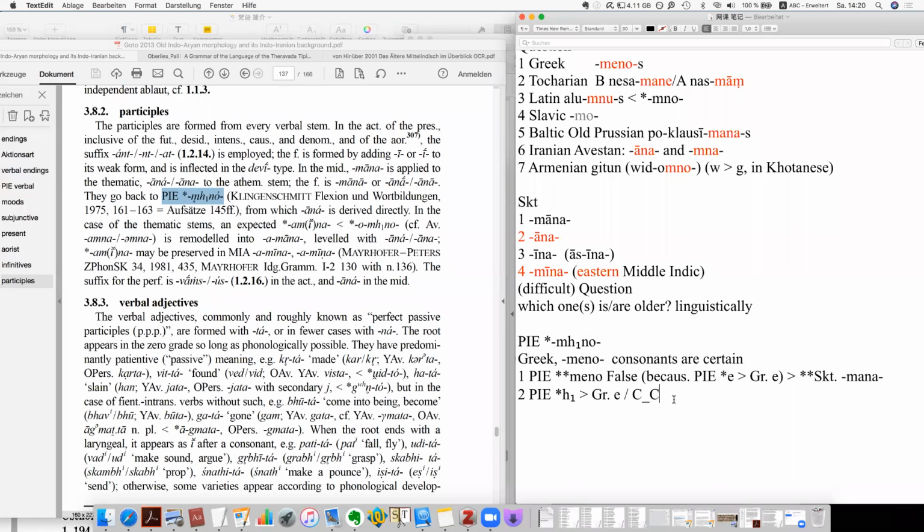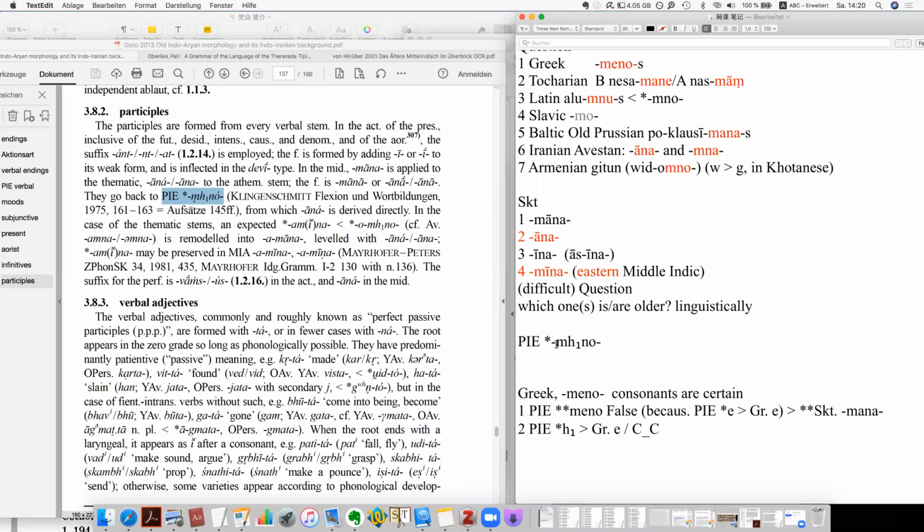Then let's come to the explanation why. So we know that this one is correct, and how can we get all the other forms? As I explained, this one is earlier, and so is this one. But why? So this is the original form, right?